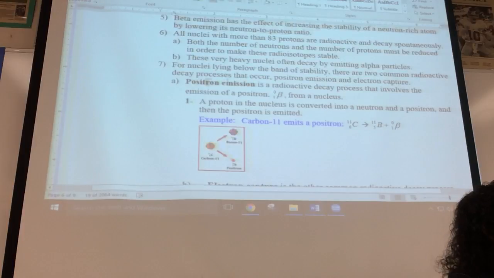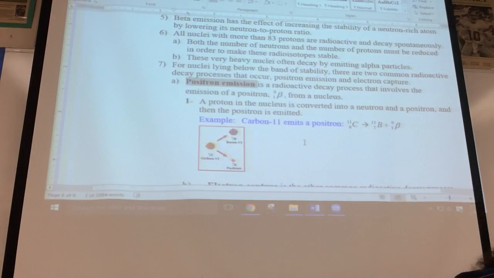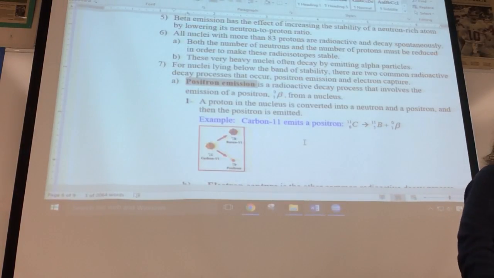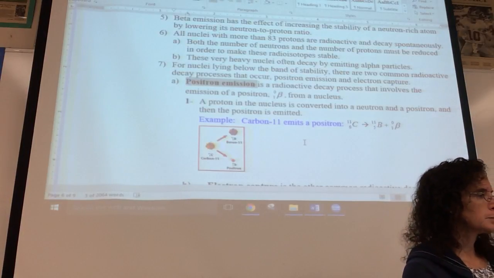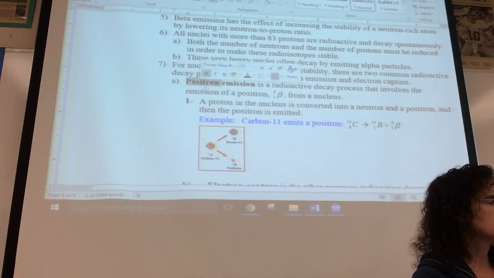One of them is positron emission. So when you have an element that lies under the band of stability, you need to up the number of neutrons or drop the number of protons. And one way to do this is to emit a positron.